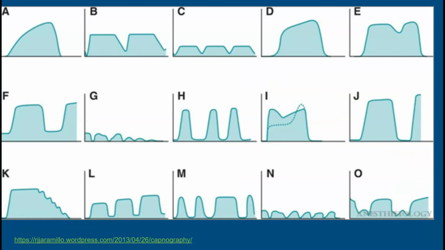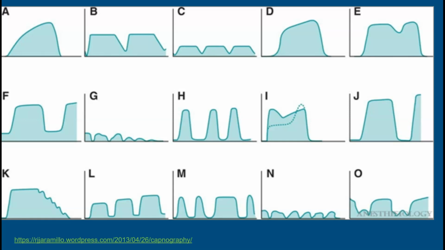A number of different waveforms that you might see. If you want to go and look, this is a very helpful website that actually discusses each one of these. Some of them are not as pertinent to our practice as emergency medical people. But this one right here, you have that shark fin, right? We already talked about that. This is what you see when you have a patient with air trapping. They don't have that nice square kind of vibe.